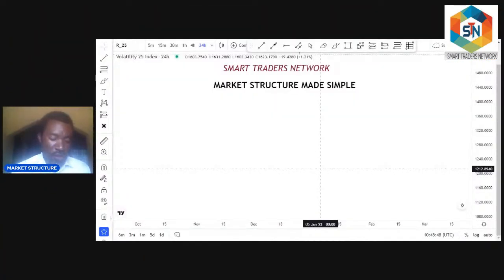Let me share my screen now so that you can see my screen. Okay, you can see my screen now. I want to look at market structure made simple, how we can get perfect entries on market structure.